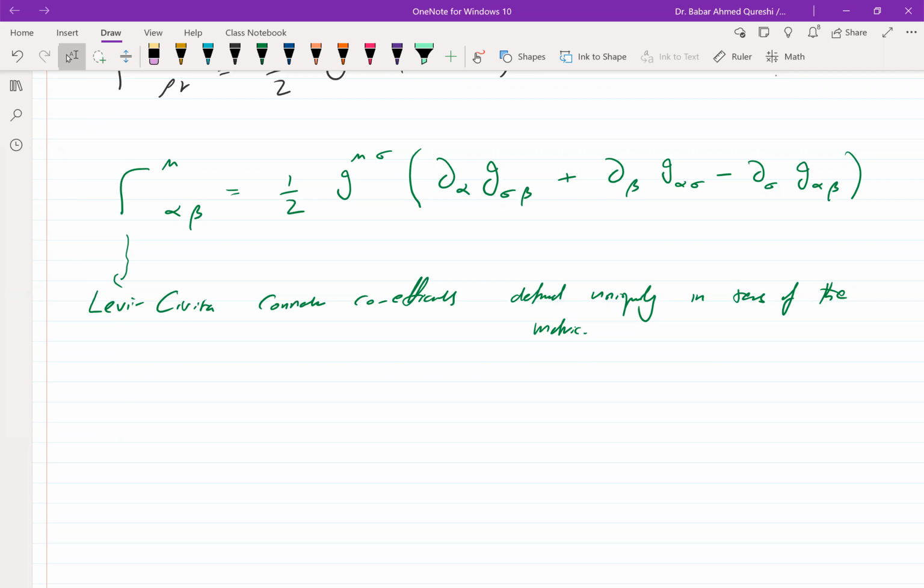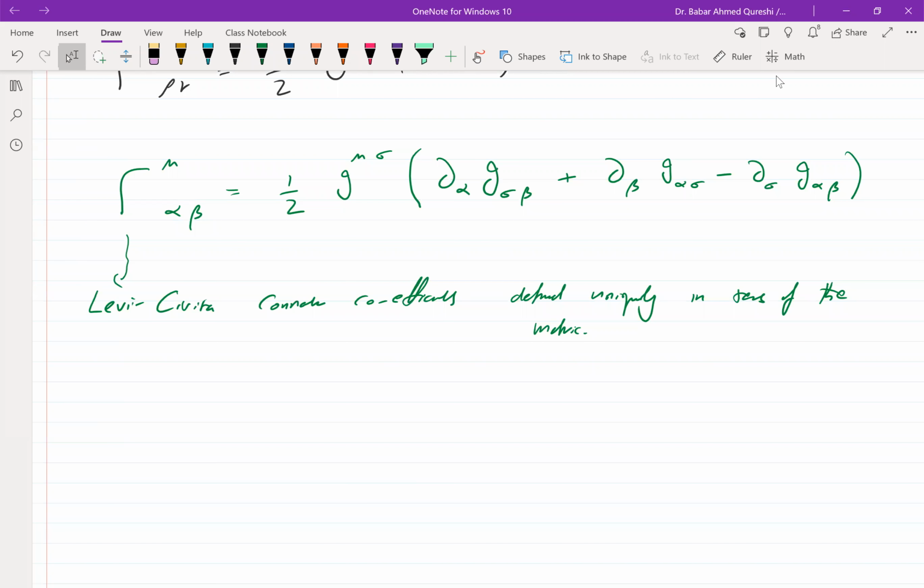But it's not the most general geometry. You can have more general ones where you do not want metric compatibility, or maybe you want metric compatibility but you do not demand torsion free. So you can have slightly more general geometries, but we will not concern them, at least for now.